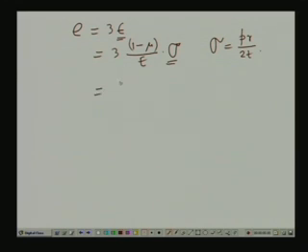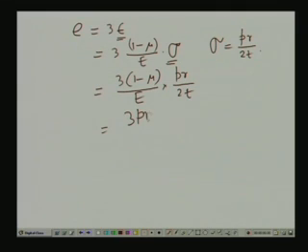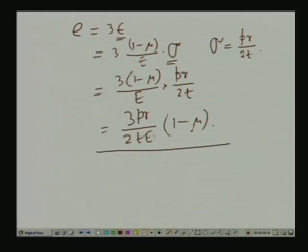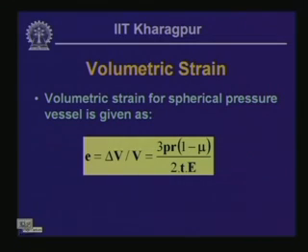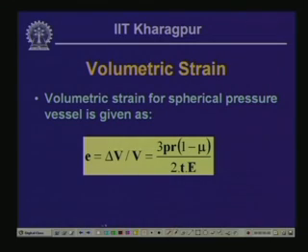So, this is nothing but 3 into (1 minus mu) by E into Pr by 2T, which equals 3 Pr by 2TE into (1 minus mu). This is the value of the volumetric strain in terms of the internal pressure, the radius, the thickness, the modulus of elasticity, and the Poisson's ratio. So, this is what is represented here, that the volumetric strain E equals 3 Pr times (1 minus mu) by 2TE.